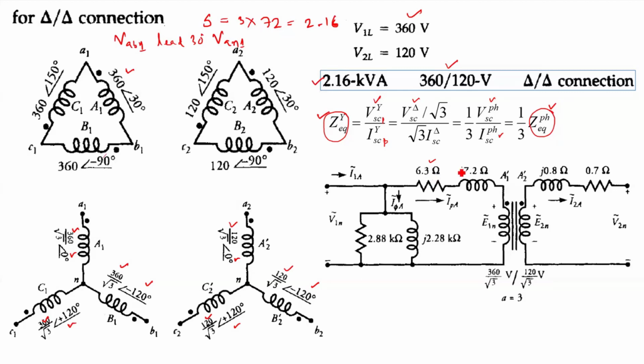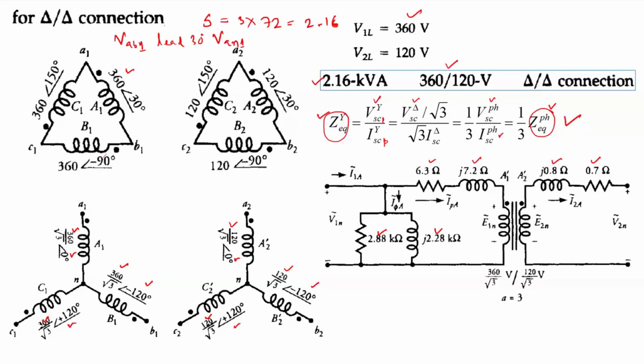It will become 6.3 ohm, right? And your XH will also be divided by 3. It will become 7.2 ohm. Similarly, XL and RL are divided by 3, because the secondary side is also delta connection, right? Similarly, your RCH and XMH are also divided by 3. Okay. So now for delta connection, if we represent the per phase equivalent circuit, your equivalent circuit parameters are always divided by 3 from this equation, right?